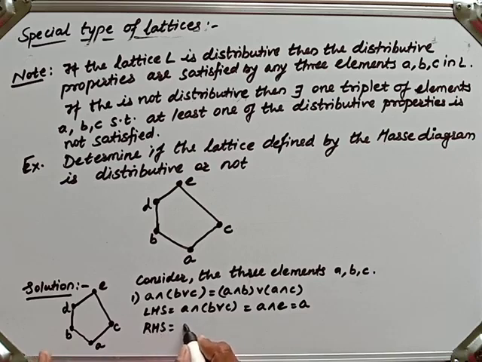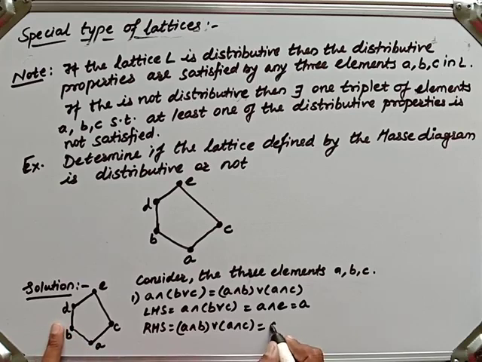RHS is A meet B join A meet C. The greatest lower bound of A and B is A itself, and the lower bound of A and C is also A, so A join A is A obviously.